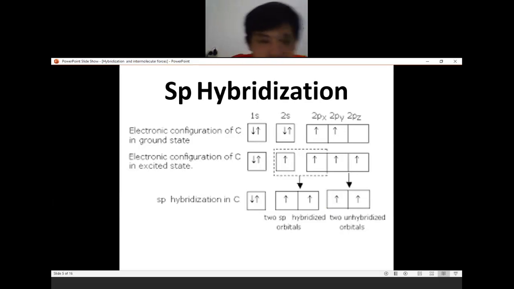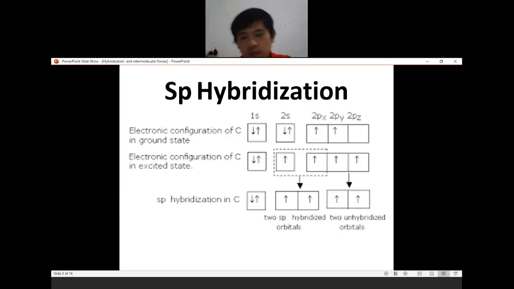In order to achieve the triple bond, sp hybridization, there must be two sp hybridized orbitals and two unhybridized orbitals. These two unhybridized p orbitals will make the double bond.